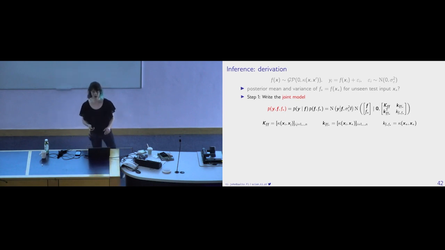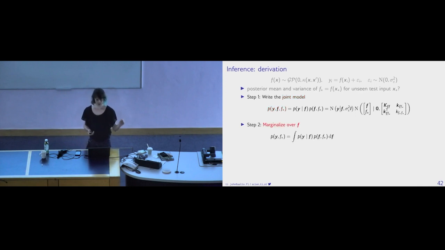Step 2, now we have to marginalize out f at the training points, because we don't actually care about that right now. You can also look at the posterior at the training data, but usually that's not the most interesting part. Marginalizing out just means we integrate over it.